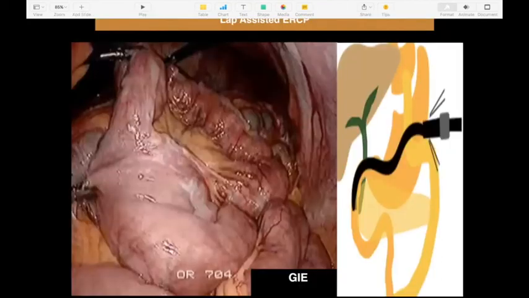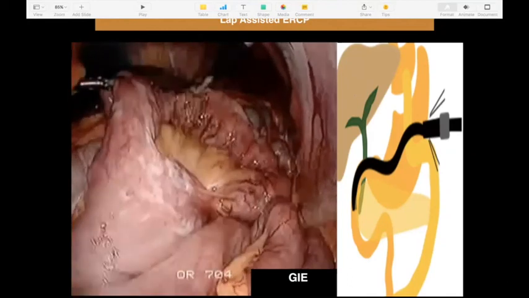So to just finish, this is a patient who had a gastric exclusion. You can see that the stomach is excluded. There's a jejunal limb which has been interposed after the bariatric procedure, and there's no access to the papilla. So a laparoscopy has been done.